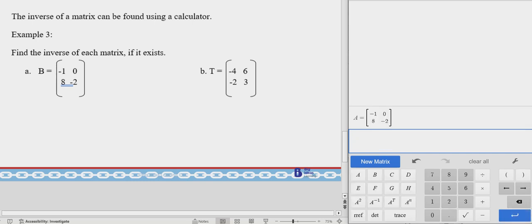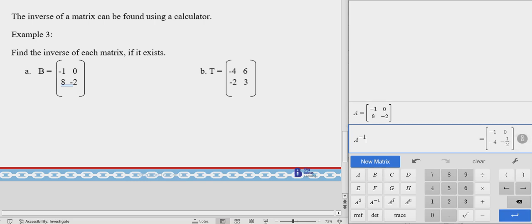I enter that in. I tell it, find the inverse of that. So I would write over here, let's say that my inverse then is negative 1, 0, negative 4, and negative 1/2.